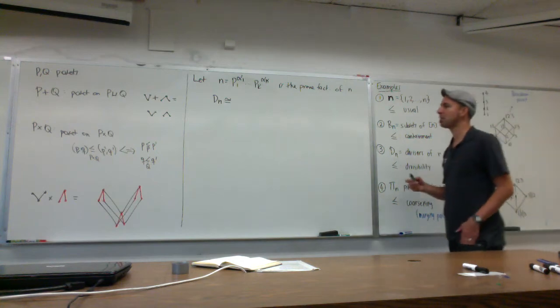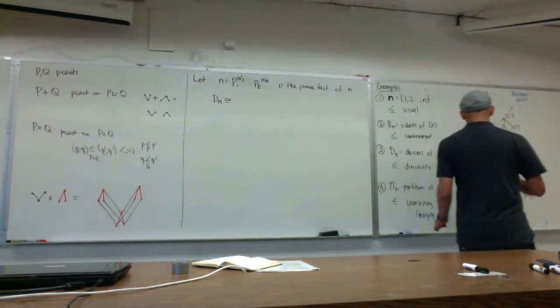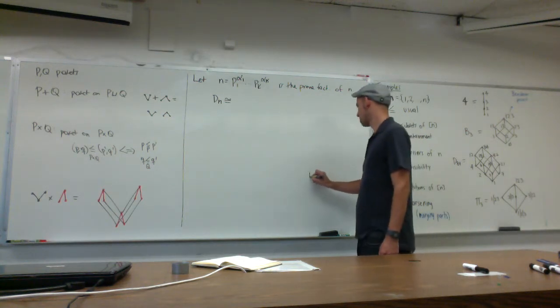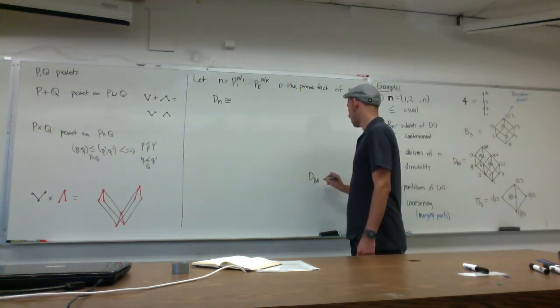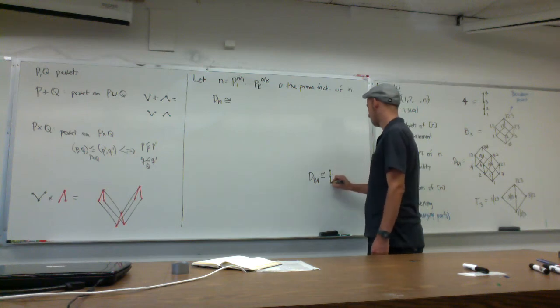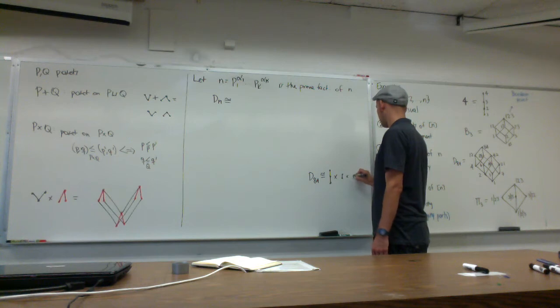In general, you can think of this as being the product of the chain from 1 to 2 to 4, the chain from 1 to 3, and the chain from 1 to 7. So D_84 is isomorphic to the chain from 1 to 2 to 4 times the chain from 1 to 3 times the chain from 1 to 7.